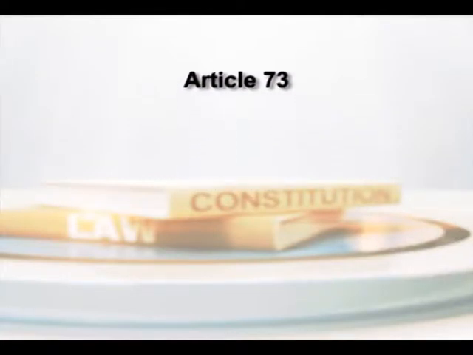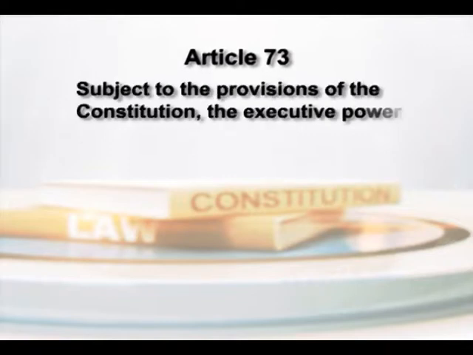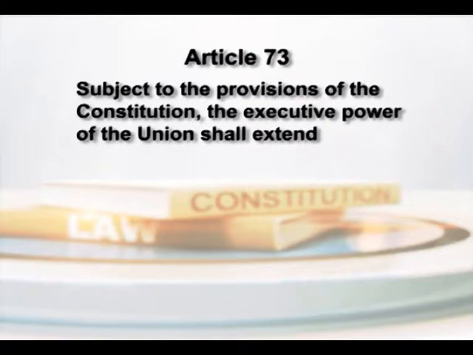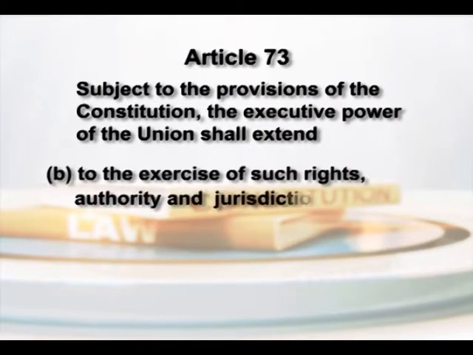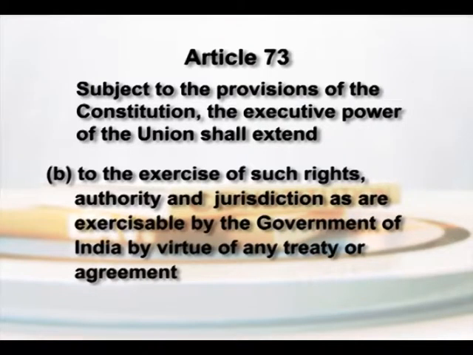Article 73 says that subject to the provisions of the Constitution, the executive power of the Union shall extend to the matters with respect to which the Parliament has the power to make laws, that is the Union list, and to the exercise of such rights, authority and jurisdiction as are exercisable by the Government of India by virtue of any treaty or agreement.